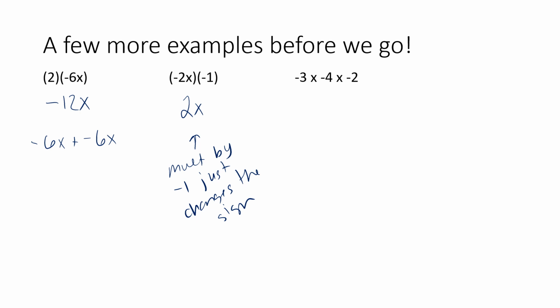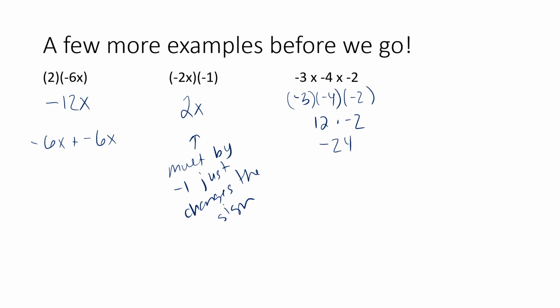And these principles will also work if you have multiple things being multiplied. So this is -3 times -4 times -2. So -3 times -4, that's a negative times a negative, that will give you a positive, and then positive 12 times negative 2 will give you negative 24.